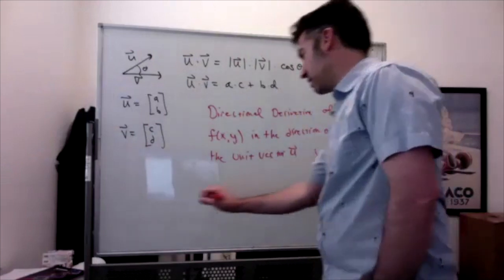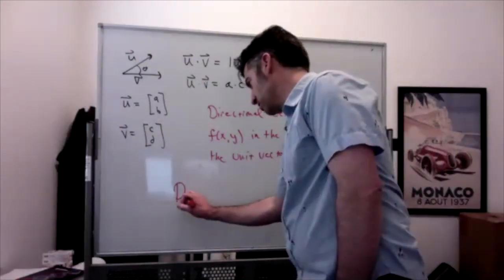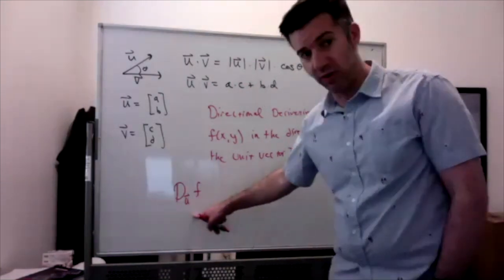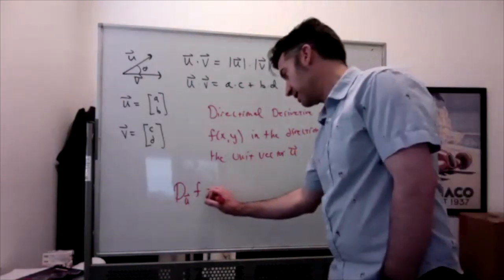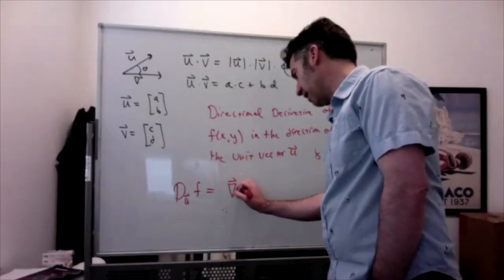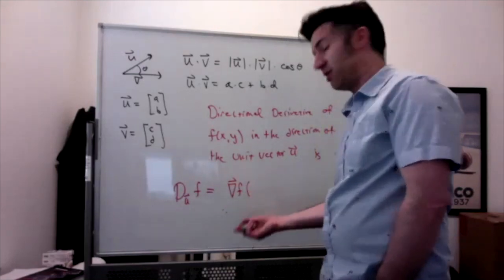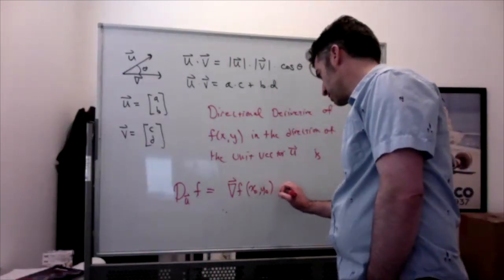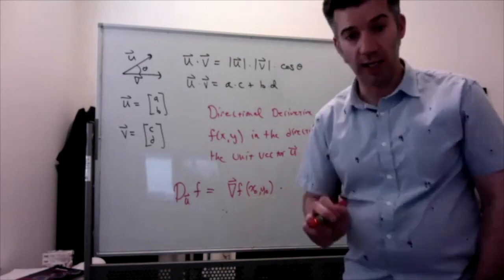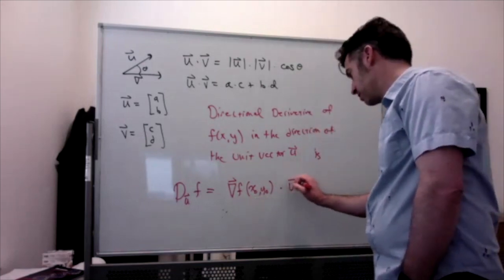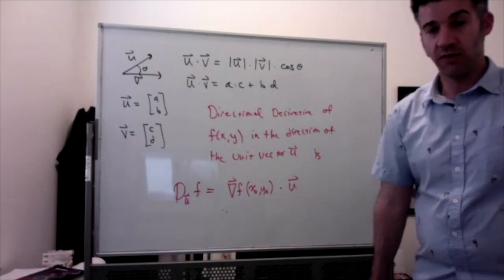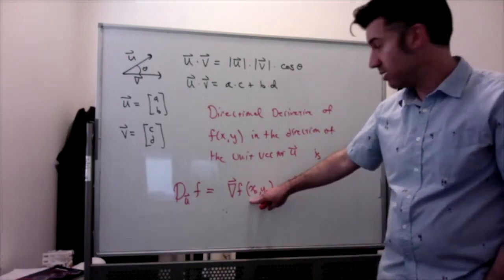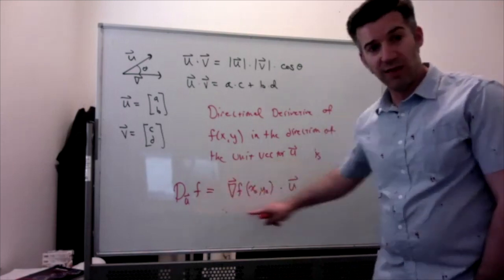It's written like this, D_u f, the directional derivative of f in the direction of u. And the way it's calculated is as the gradient of f evaluated at the point you're interested in, dotted with u. So if you're trying to find a directional derivative at a particular point (x0, y0) in the direction of the vector u, this is how you calculate it.